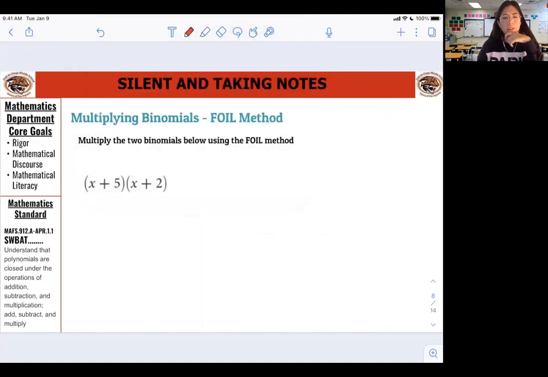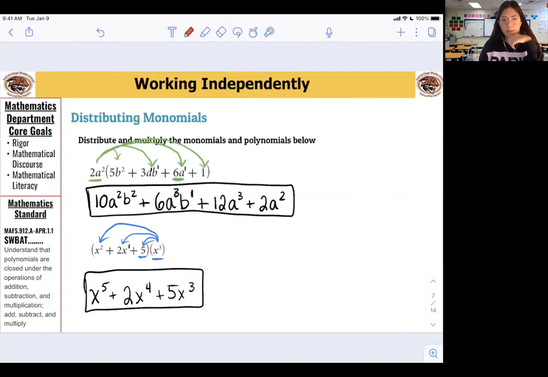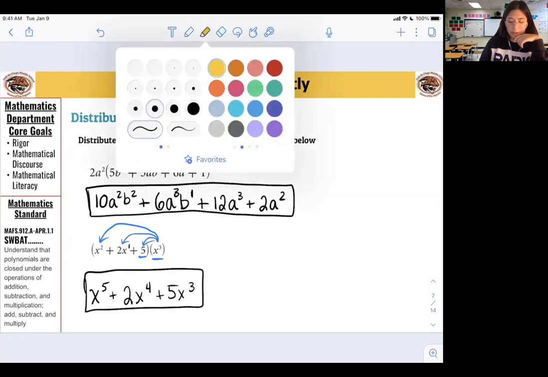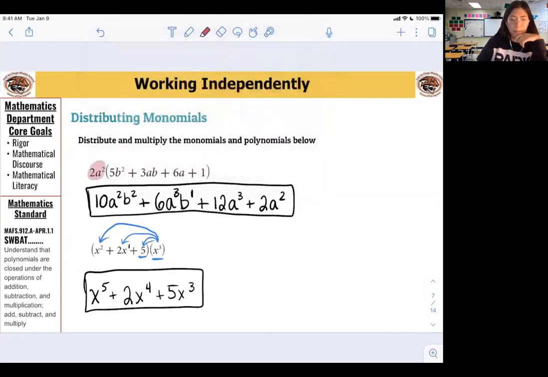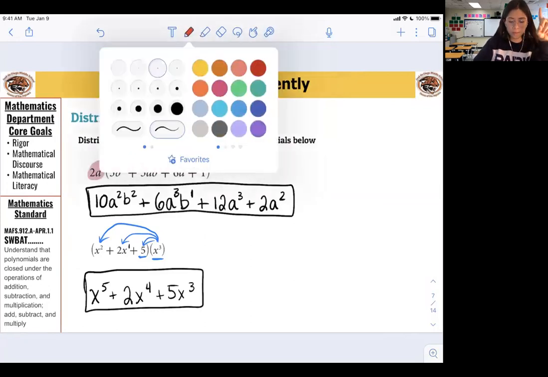So what's going on here? In the previous example, let's just quickly look one more time at the original problem. I was doing a monomial. So remember, monomial has one term.